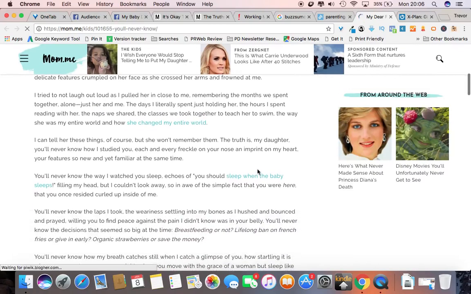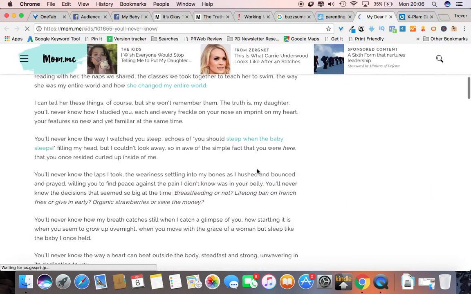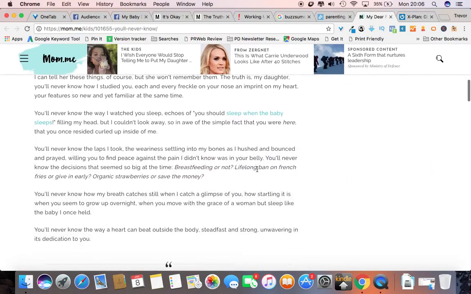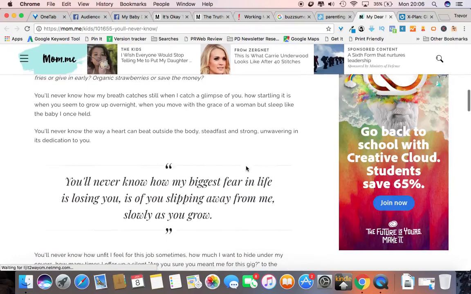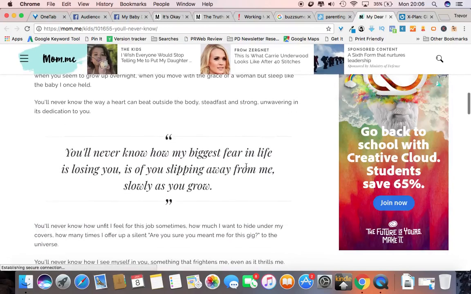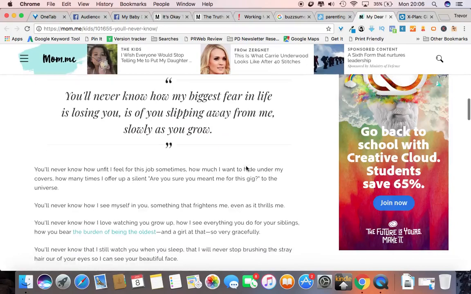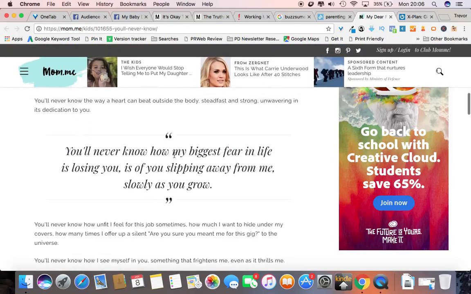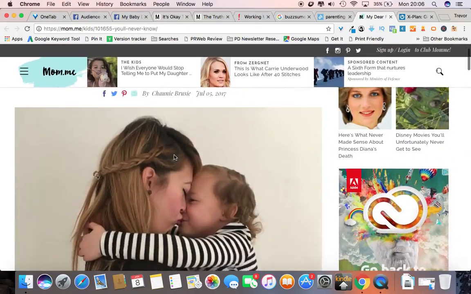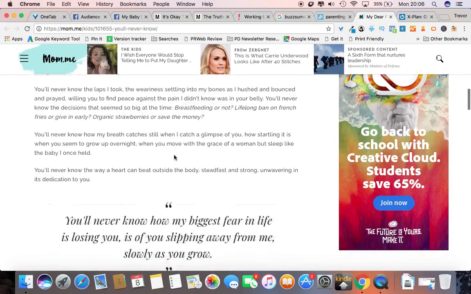The truth is, my daughter... You'll never know the lapse. Okay, so things a child doesn't know that the mum does for them, it seems to be about. Yeah, there we are. You'll never know how unfit I feel for this job of being a mum sometimes. So that's obviously an emotional issue, a very, very deep emotional issue.